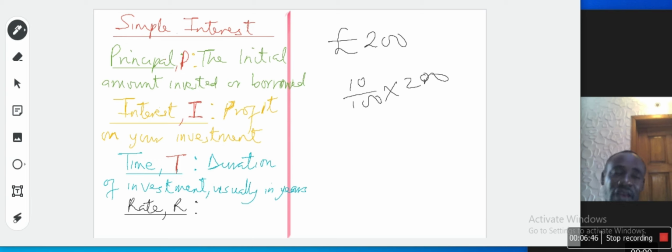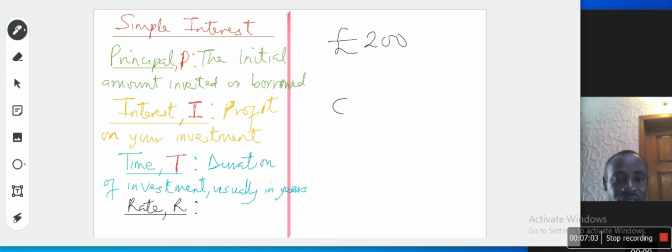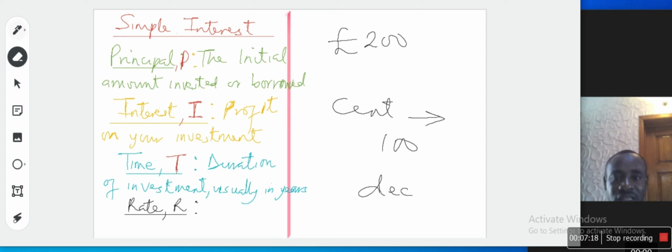So the rate is like the charge. The rate is like the percentage charge on the principal. What is 10 over 100 from? Percent itself means over 100. The word cent is a word representing 100, like a century. So if I say percent, it means per 100.